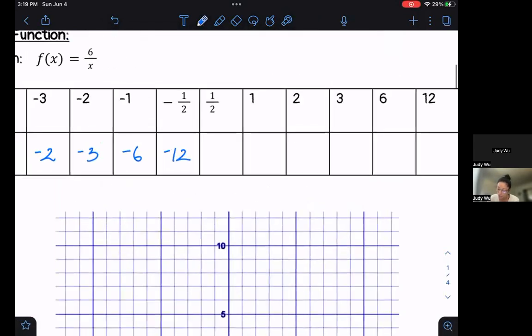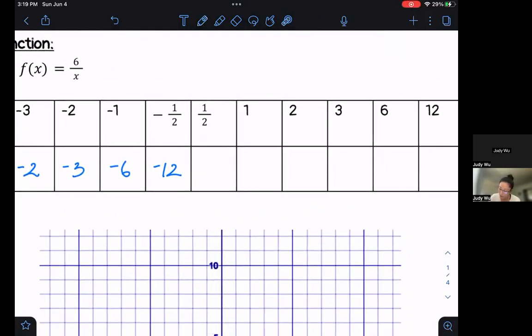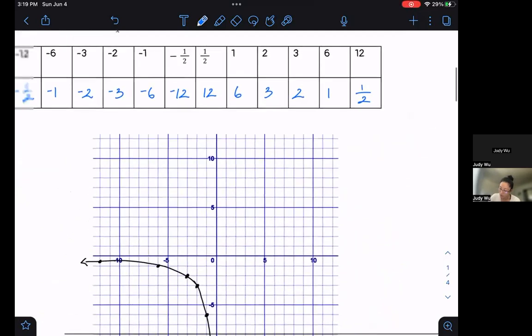Now let's go ahead and plug in these other 6 values, okay? Which should be the same as what we got before, but now they're all going to be positive, all right? So 6 divided by 1/2 is 12, 6 divided by 1 is 6, 6 divided by 2 is 3, 6 divided by 3 is 2, 6 divided by 6 is 1, and 6 divided by 12 is 1/2. And so I'm going to go ahead and plot these other 6 points.